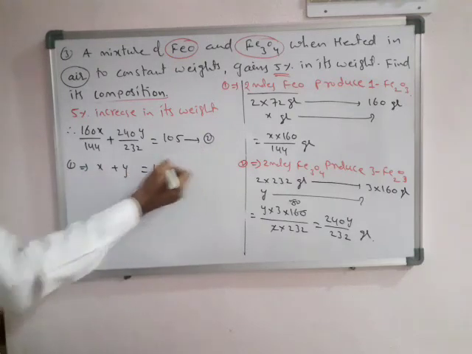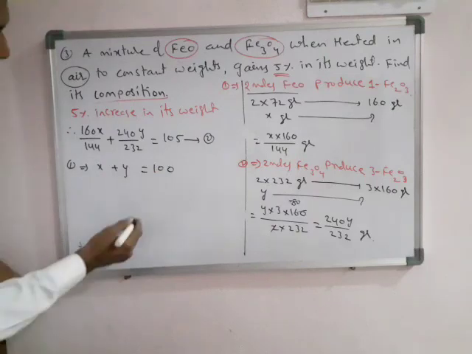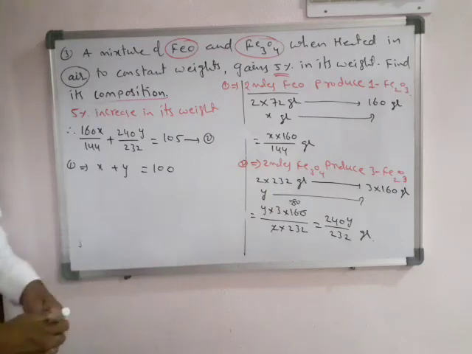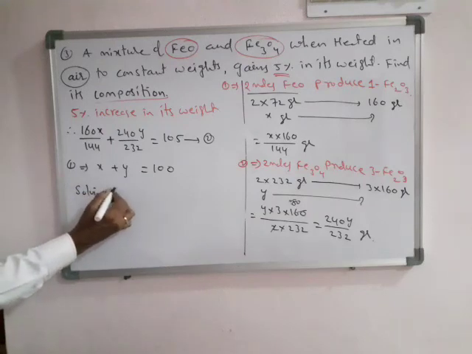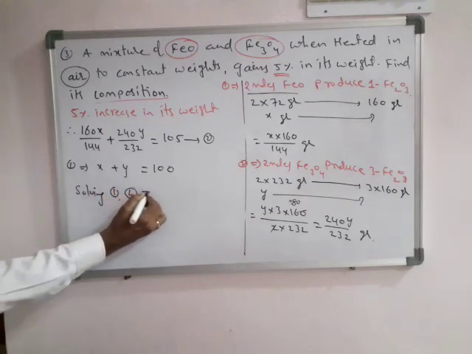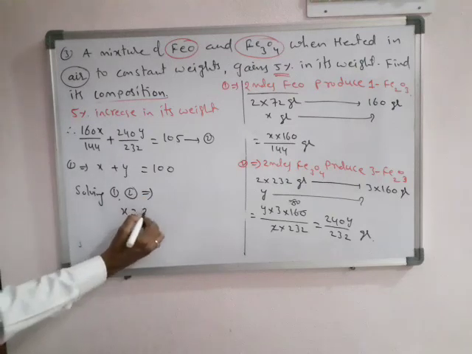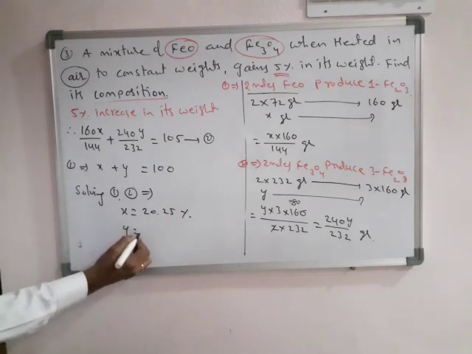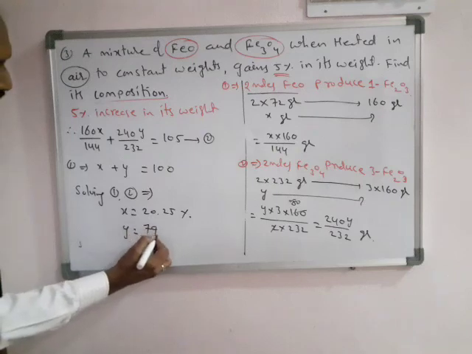By solving these two equations, just general solving at this time is not possible, it takes a lot of time. Just by total calculation, by solving these two equations, we will get x equal to 20.25. Since 100 is the total, we can directly write it as a percentage, that is 79.75.